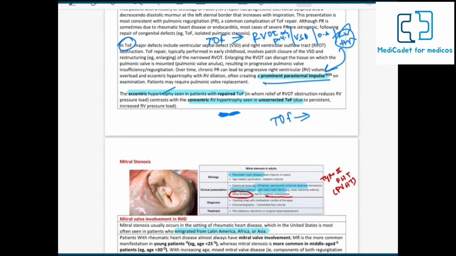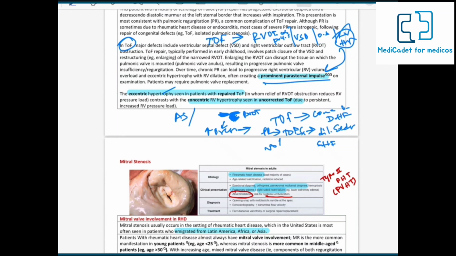That is mostly the infundibular part obstructing the right ventricular outflow tract. This outflow tract obstruction is going to cause increased pressure, just like aortic stenosis, right? This is going to cause concentric hypertrophy, diastolic heart failure. But the pulmonary regurgitation, which is a complication of the TOF surgery, is going to cause dilated cardiomyopathy, that is systolic heart failure, eccentric hypertrophy.